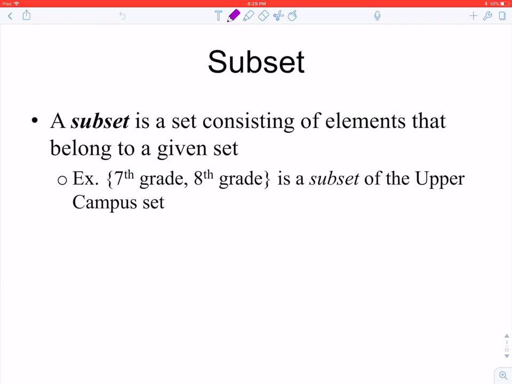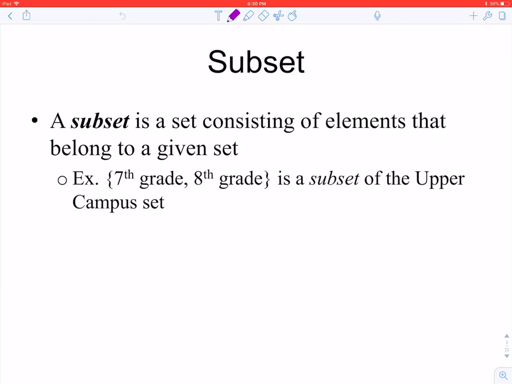Like if we have Pinewood Upper Campus, which is grades 7 through 12, and we're referring to each grade as being an element of the set, we can say that there's a junior high subset, which would include 7th and 8th grade. We could also say there's a high school subset, which would include 9th, 10th, 11th, and 12th grade.